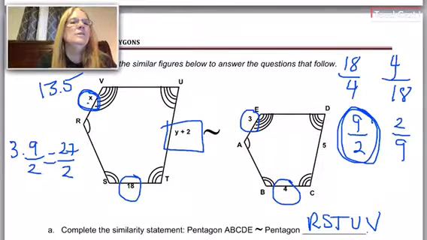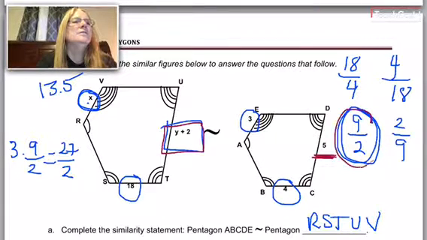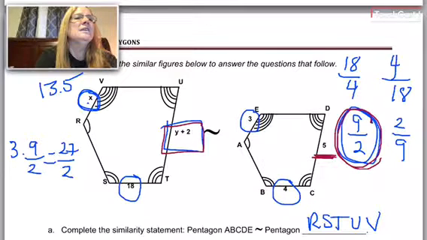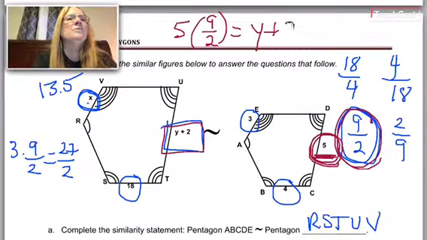Okay, well, on this one here, I'm going from a smaller one to a bigger one. So my scale factor again is going to be 9/2. So I'm going to take the smaller number 5 and multiply by 9 over 2, and that is going to give me y plus 2.